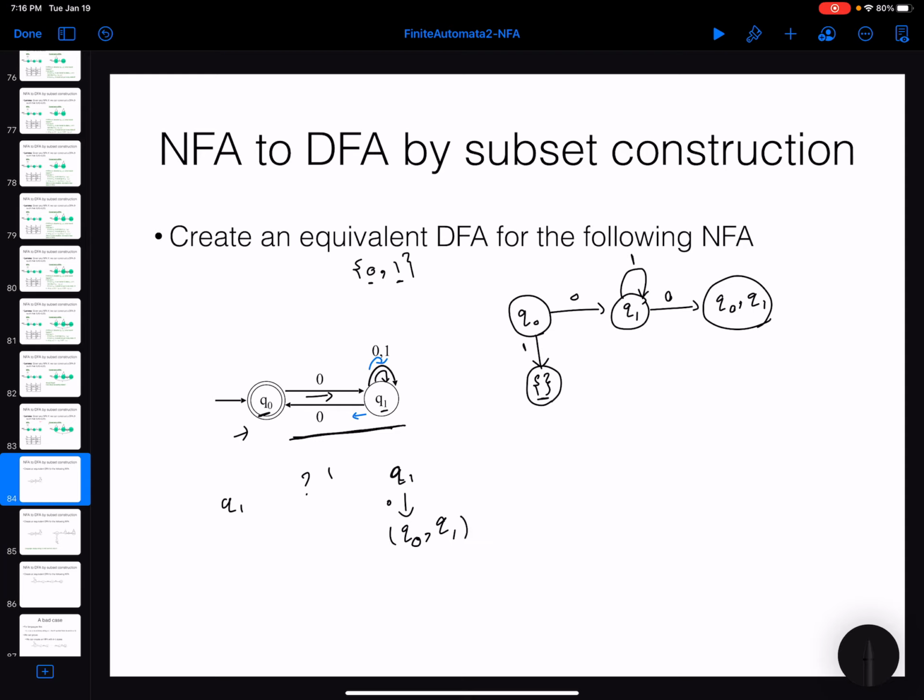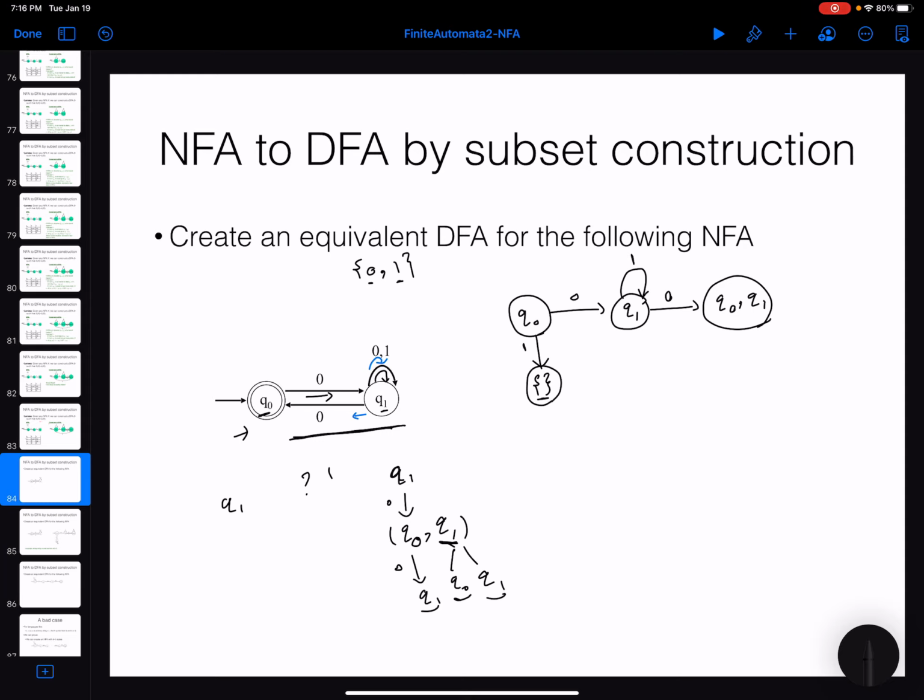To complete the transitions for this one, again look at your NFA and see what would happen if I am at Q0 and I see a 0. From Q0, by seeing a 0, you can go only to Q1, right? Not only that, you also add all the possibilities when you are at Q1 and you see a 0: you can either go to Q0 or go to Q1. So the whole set of possibilities here is Q0 and Q1.